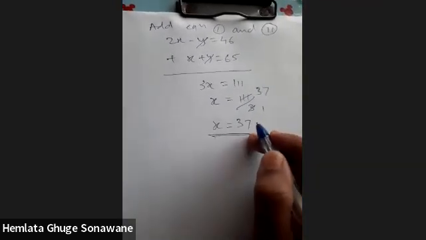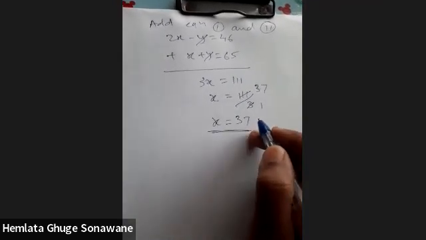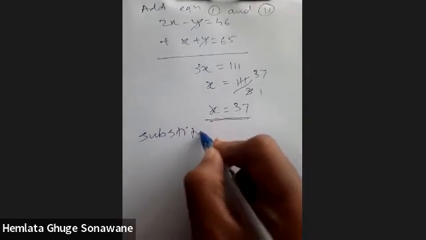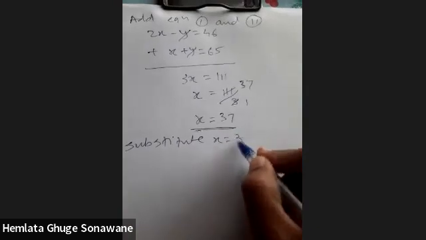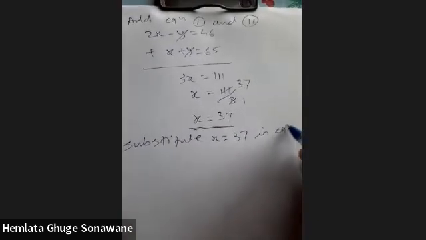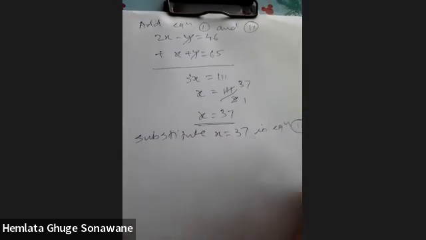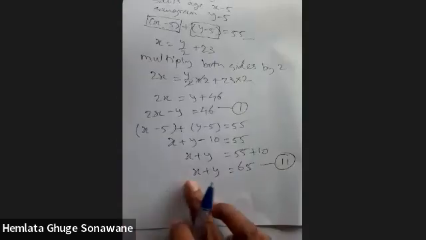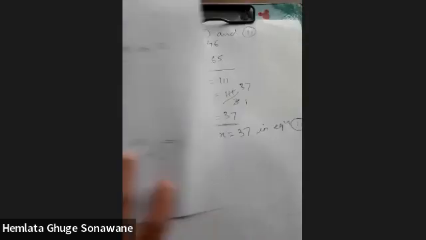Now we'll put this value into equation number 2. So substitute x is equal to 37 in equation number 2. Our equation number 2 is x plus y is equal to 65.